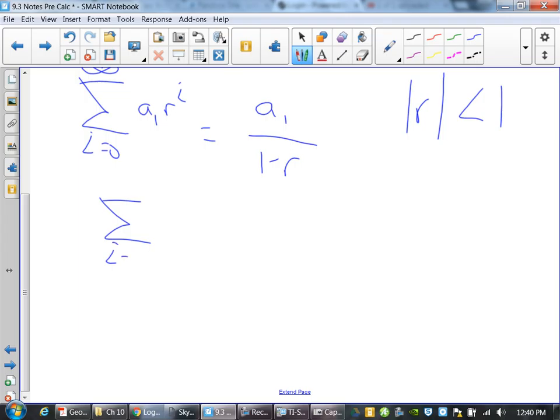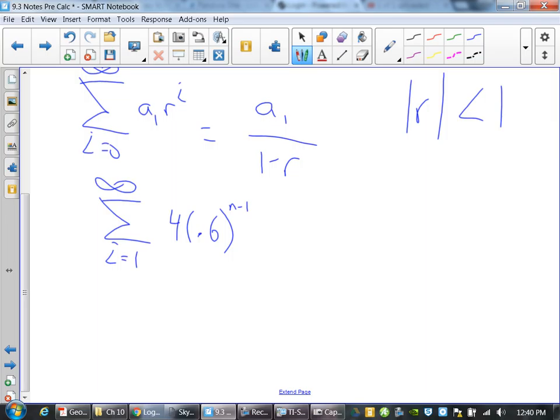So what you'll see is the sum of the infinite series where i equals 0 to infinity, first term of 4 times 0.6 to the n minus 1. What's your first term? 4.